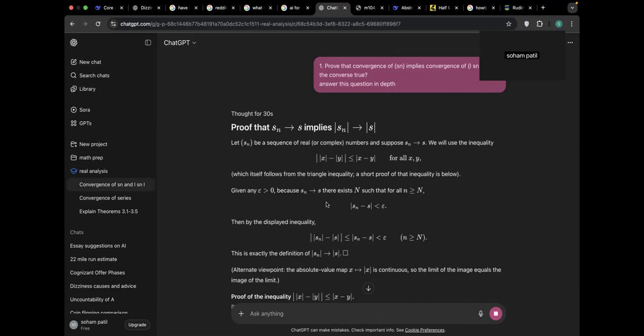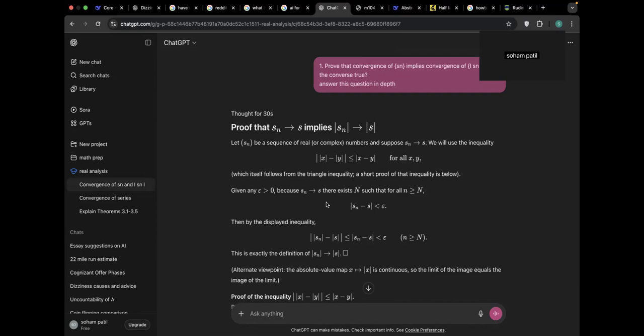Okay, so here we go. Sn is our sequence, not the series. Sn is our sequence of numbers, which can be real or complex numbers. We have to prove that the sequence Sn converges.